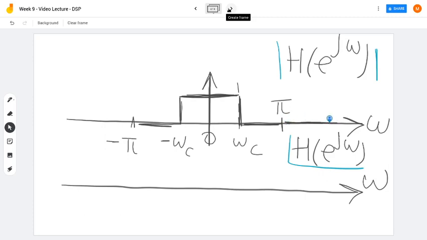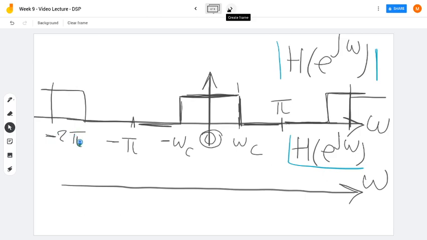It will be periodic, and whatever is happening at 0 will be repeating here at 2 pi, will be repeating here at minus 2 pi, and so on. Again, the discreteness in time will result in periodicity in frequency.